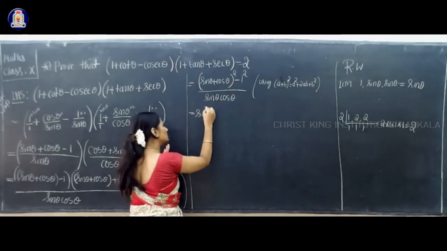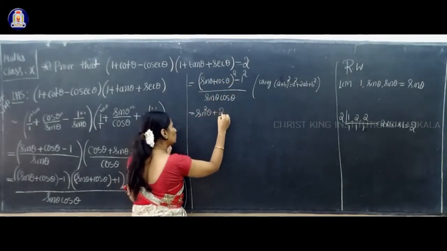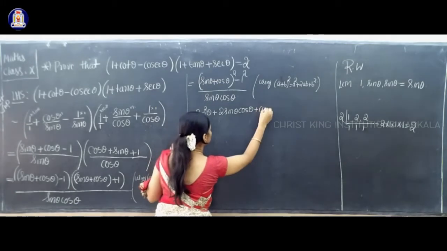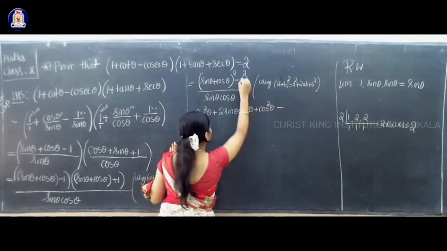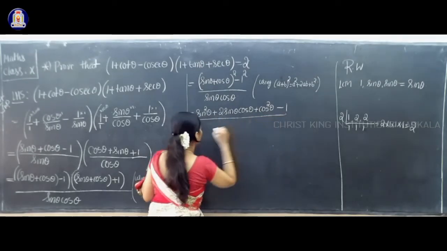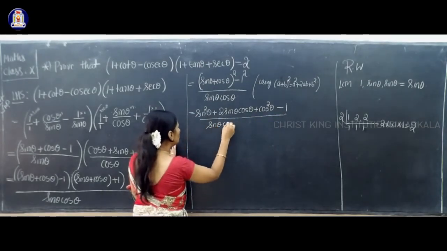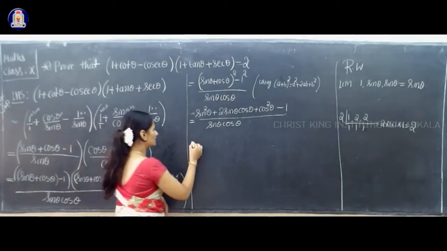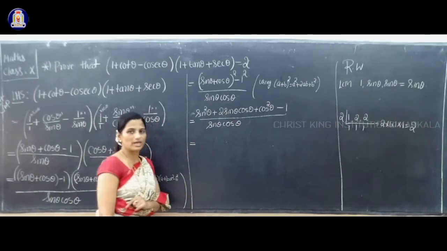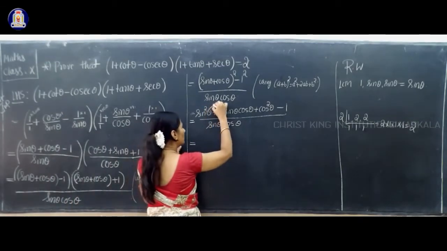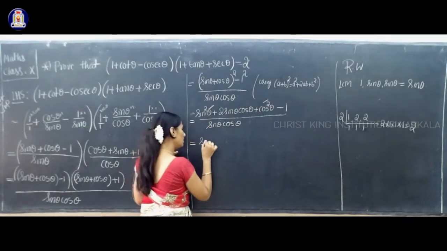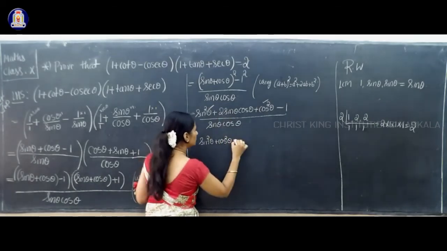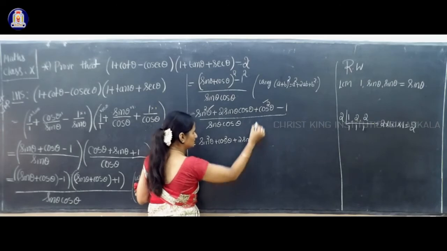So a plus b whole square is a square, sin square theta, plus 2 into a sin theta into cos theta, plus cos square theta, minus 1 square means 1, divided by sin theta into cos theta. So that is equal to, now here you can use one identity. Which identity? If you combine sin square theta plus cos square theta, next plus 2 sin theta cos theta, I just rearrange.